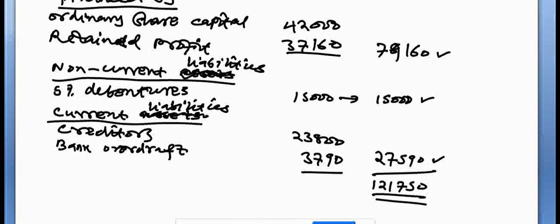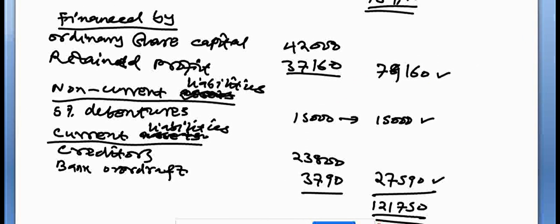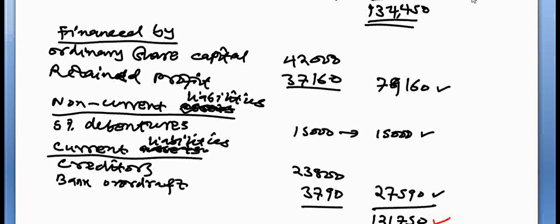Haya, so fanya difference kati ya hii 121,750 na 134,450 takupea ngapi, so that we know where our mistake might have been or where the difference comes from, ndio tuitafute.